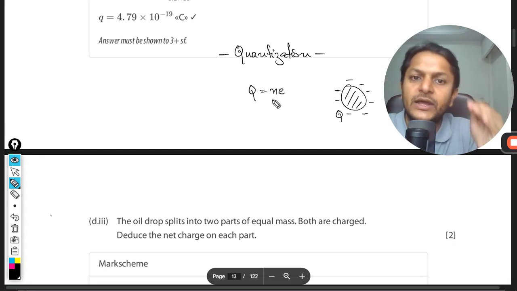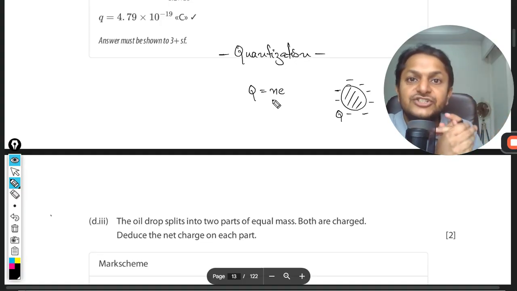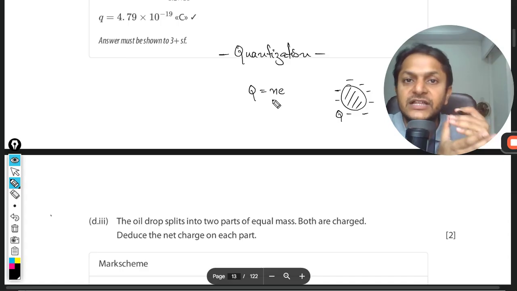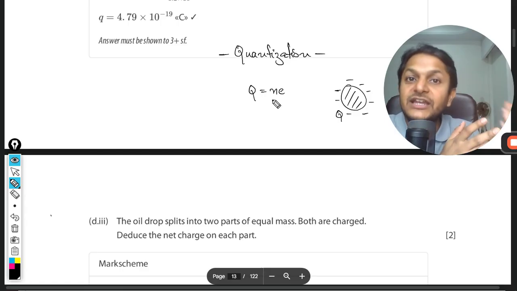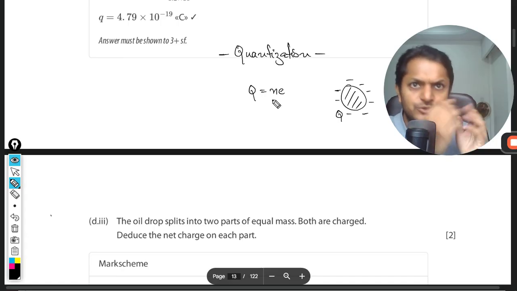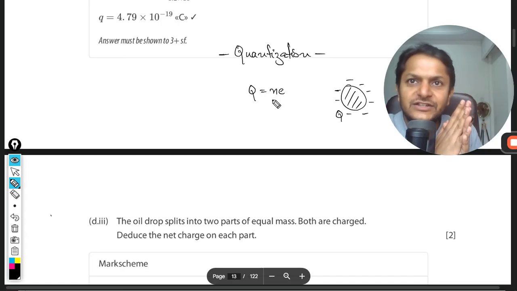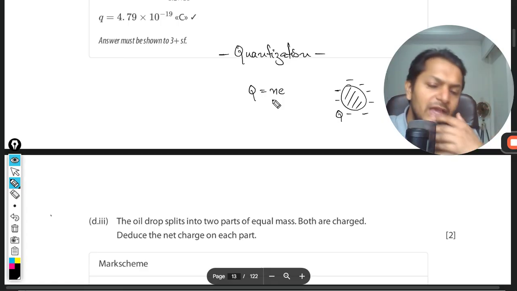So Q is equal to N into E becomes the total charge. The condition here is that charge cannot be lesser than the charge on an electron, because electron is supposed to be indivisible. Electron is not divisible, yes. So electron is definitely the minimum negative charge that you can say.